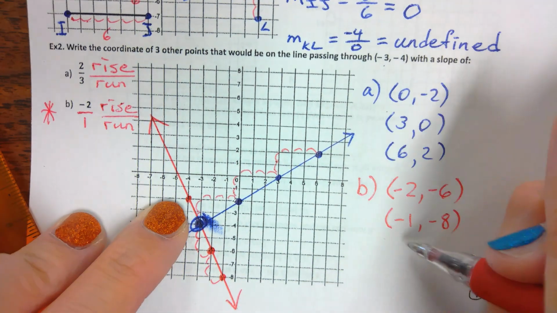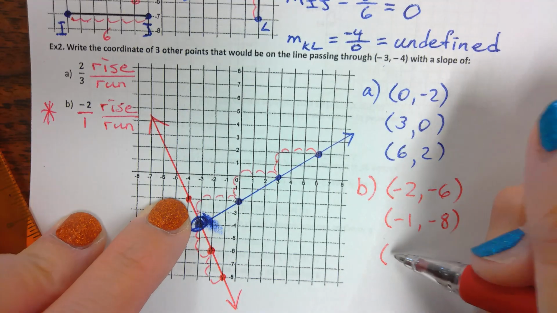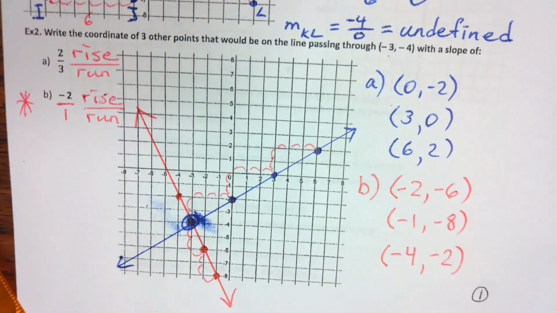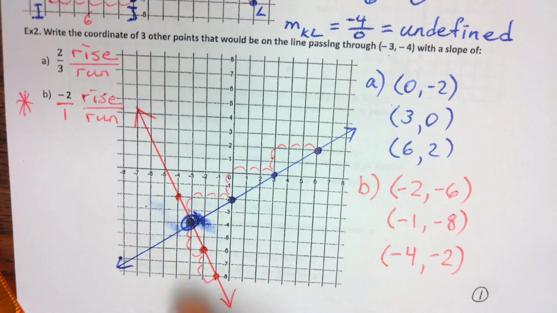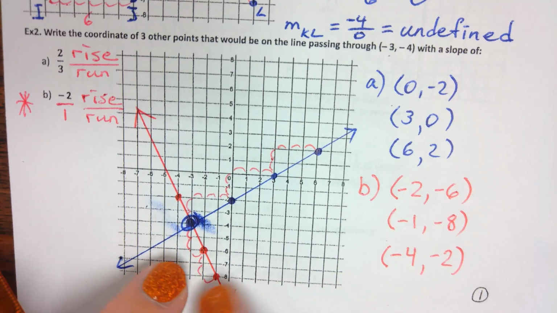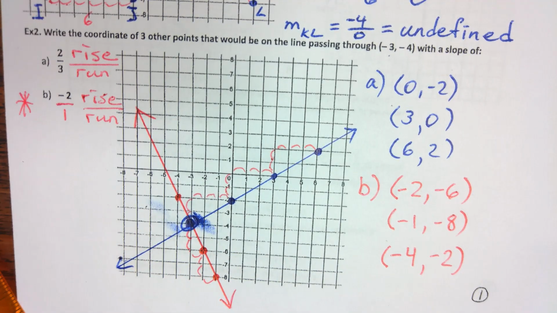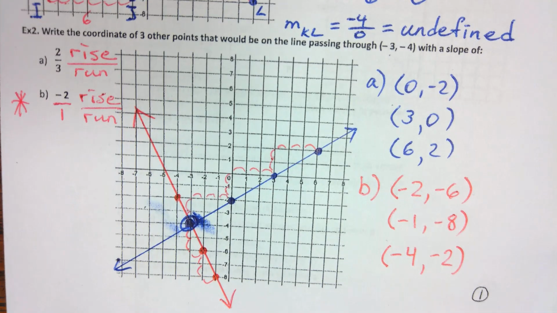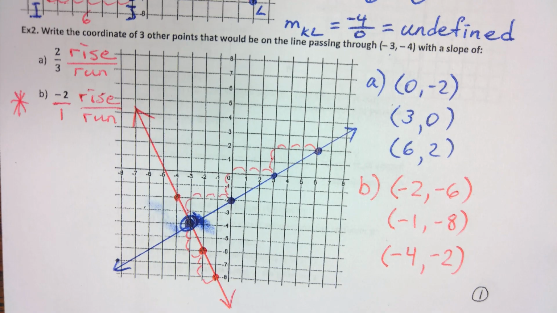Okay, so the coordinate of this point is -4 and -2. So remember that. That's why the elevator trick helps you guys remember which way to go. And once you draw 1 or 2 points, you know the direction. So in this case, you're going down and to the right, or you're going up to the left. Okay, any questions?